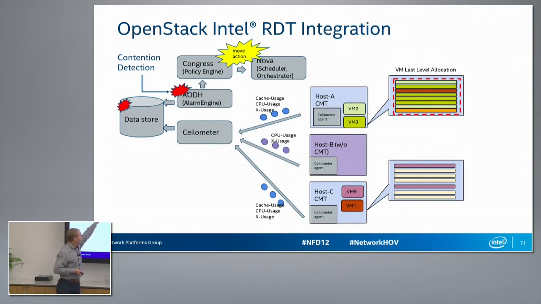This is all prototyping, very early stages. We basically have Nova together with a policy engine and an alarming engine that monitors a whole bunch of hosts. When a certain policy is being violated, we will on demand move that virtual machine to a less loaded platform.